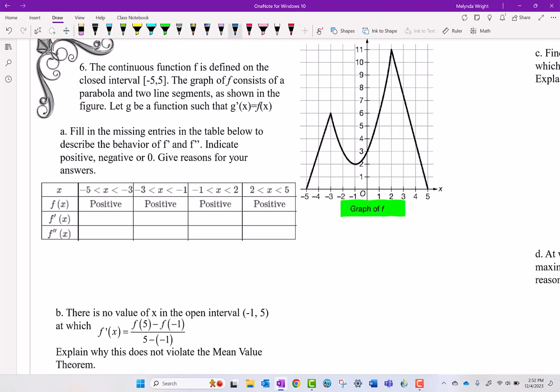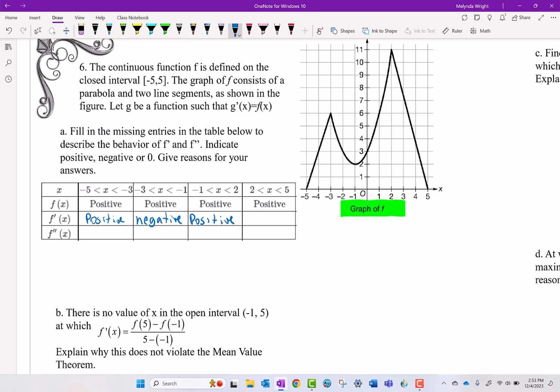So that means f prime is positive from -5 to -3. Okay, what about these slopes right here? Those slopes are negative. So between -3 and -1, f prime is negative. Okay, let's keep investigating. From -1 to 2, these slopes are all positive, so that means f prime is positive.